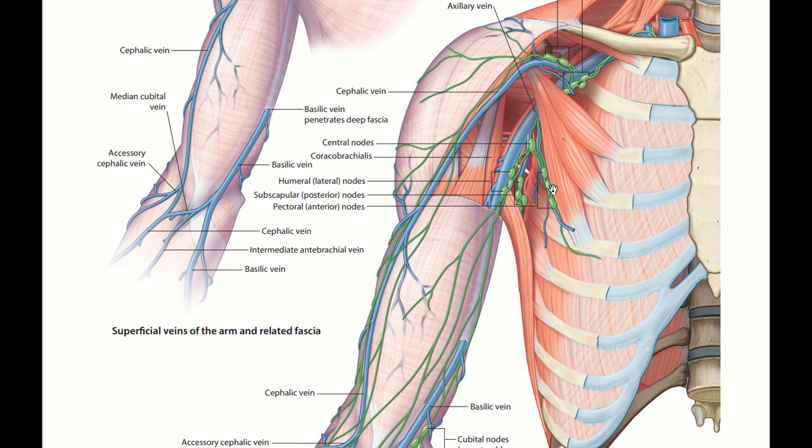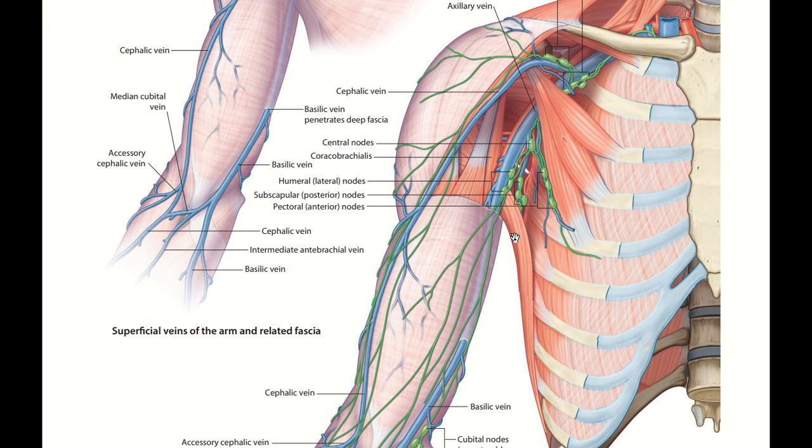The anterior nodes drain a portion of your breast, especially the lateral quadrant. The posterior nodes drain the skin above the iliac crest of the posterior body wall. They all drain into the central lymph nodes, and then end up draining into the apical lymph nodes.